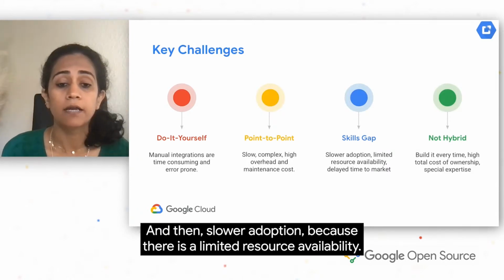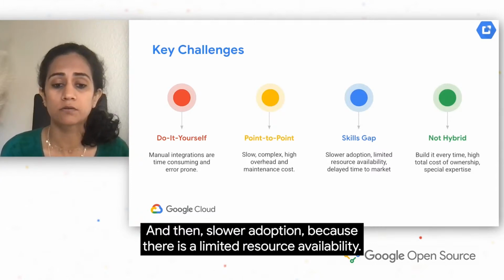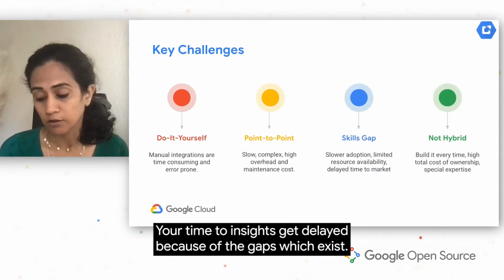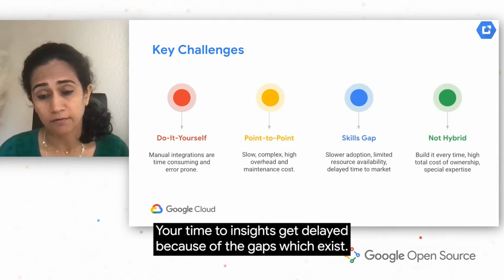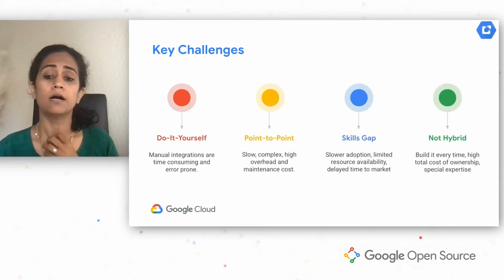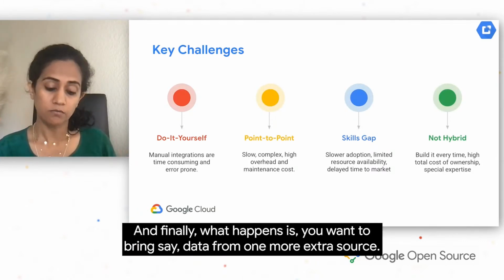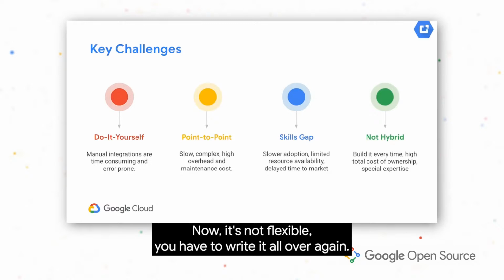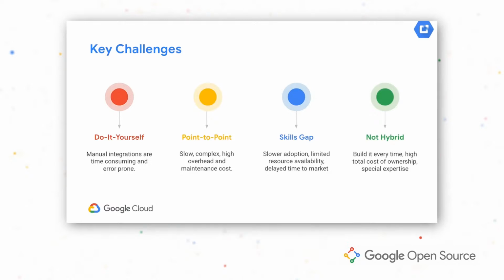Then there's slower adoption because of limited resource availability, so time to market gets delayed, and your time to insights gets delayed because of the gaps that exist. And finally, if you want to bring in data from one more extra source, it's not flexible, you have to write it all over again.